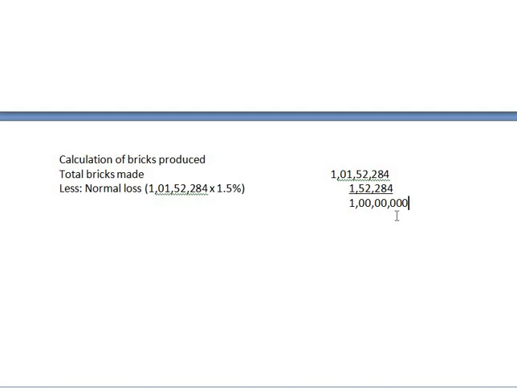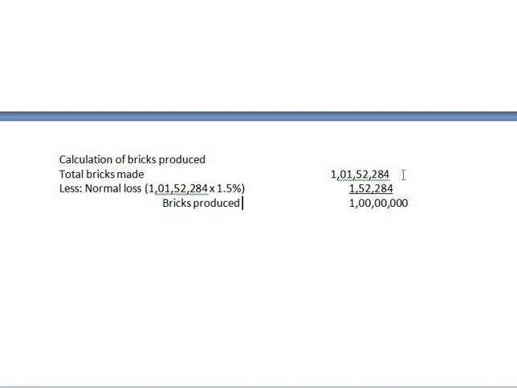So 1 crore is nothing but 1 crore bricks. So this is bricks produced. Hope this note is clear to you all.